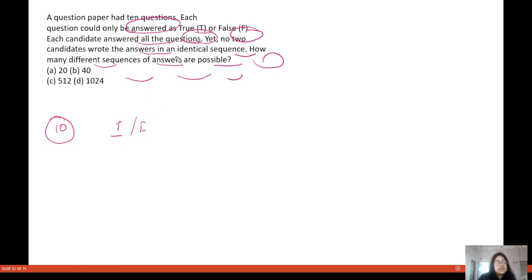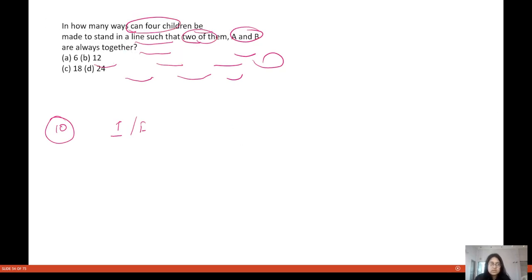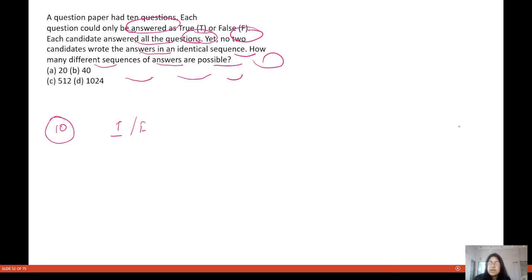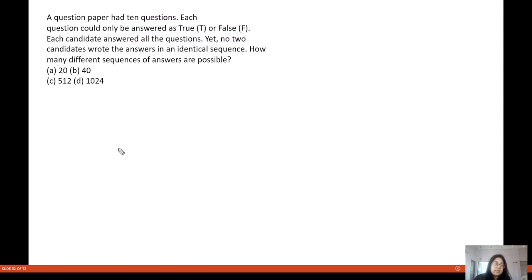And how many students are there? Each candidate answered all the questions, yet no two candidates wrote the answers in an identical sequence. How many different sequences are possible? So we have to basically find out the different types of sequences that we can form.